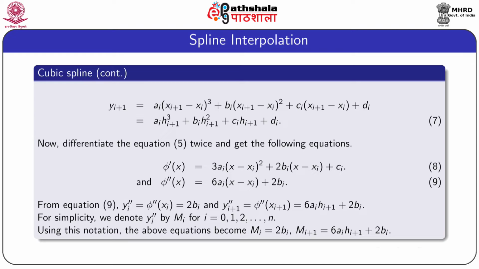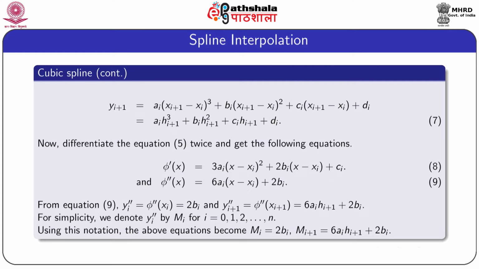Now, we differentiate the cubic polynomial, which is equation number 5, two times, and get the following equations. The first derivative of phi(x) is equal to 3 a_i (x - x_i)^2 + 2 b_i (x - x_i) + c_i.